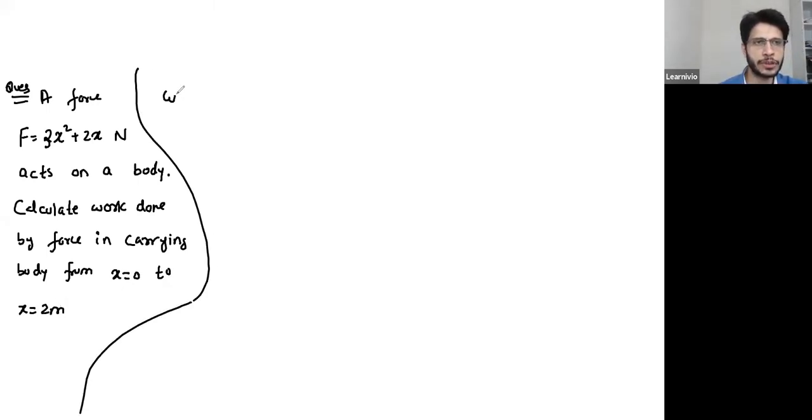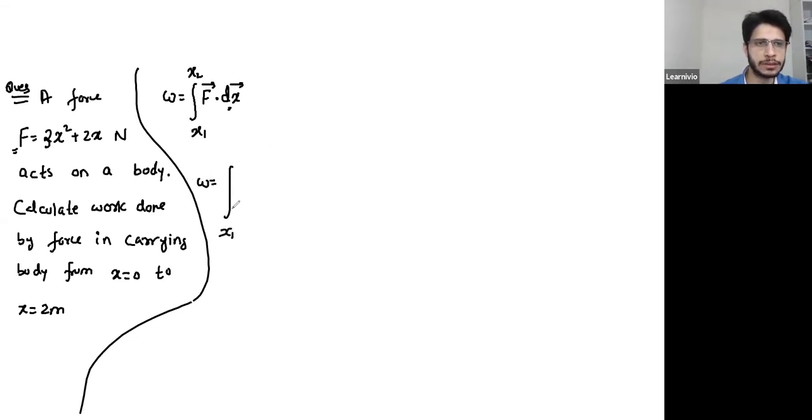So you can write the expression of work done as the integral of F dot dx, with the limit from x1 to x2. Since force and dx are both acting in the same direction, the angle between them must be 0 degrees.